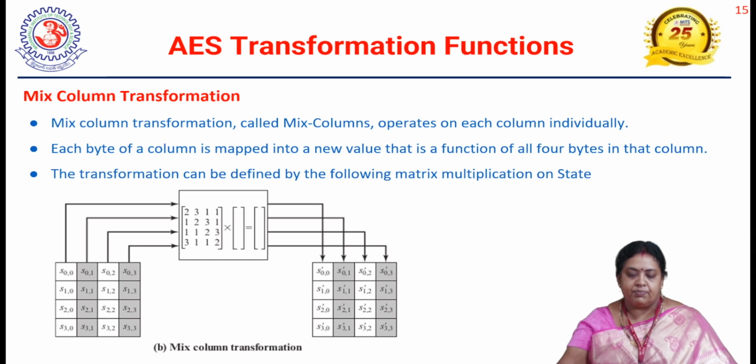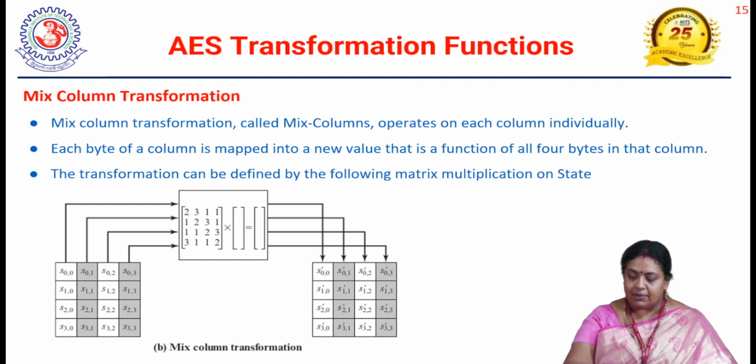This column is multiplied with this matrix and we get the output column. That output column will be placed here. Like that, we are going to mix all the columns. This we call the mix column transformation, which is not present in the last round, that is the nth round.